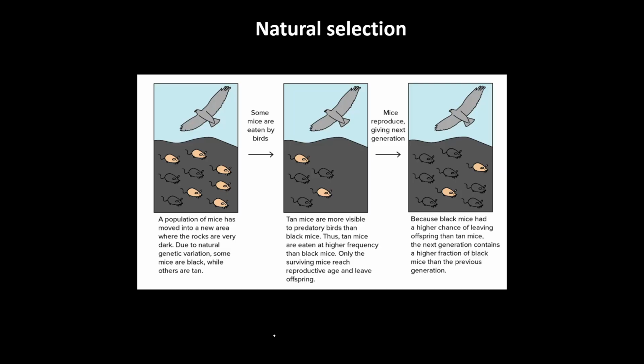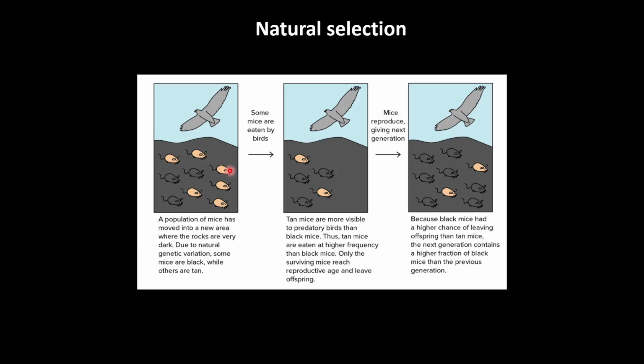If we observe this picture, it will be found that here is a population which shows the different colors of different types of mice present in the rock area, having both tan colored mice and black colored mice.